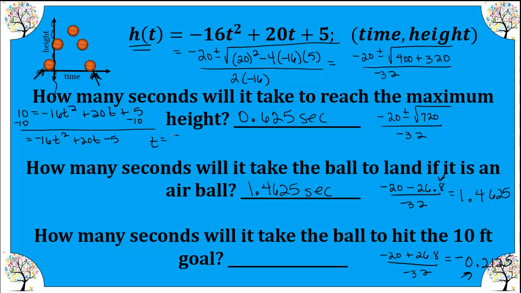So let's use our quadratic formula again. We have negative b plus or minus the square root of 20 squared minus 4 times a. And this time our c value is negative 5, all over 2 times a. Let's clear this up. We have 400.